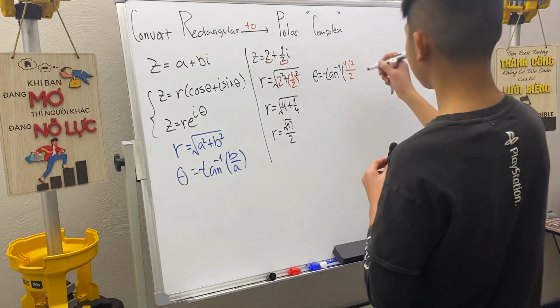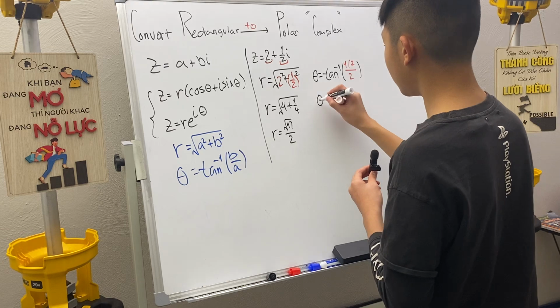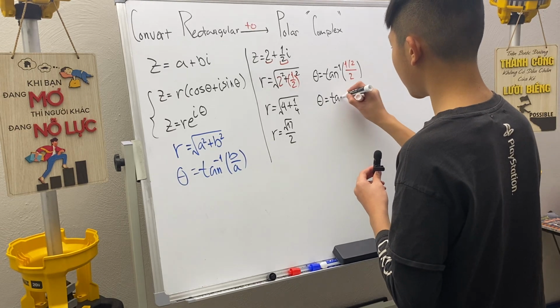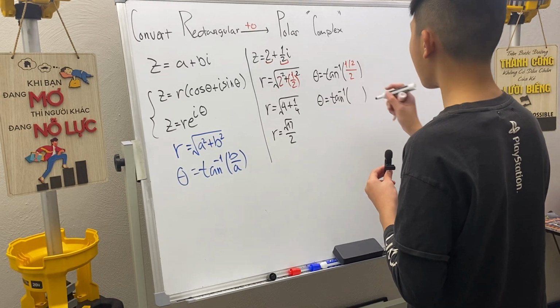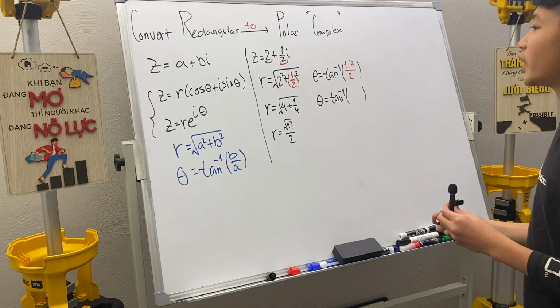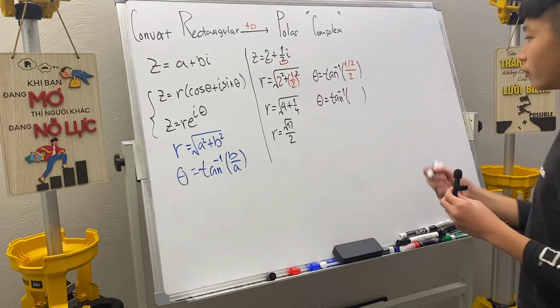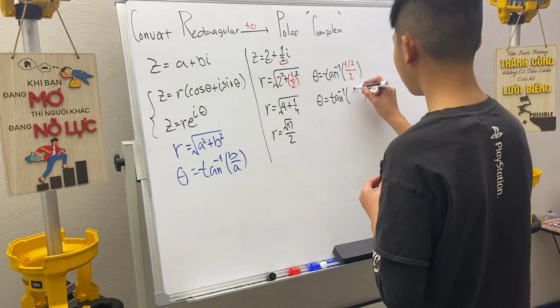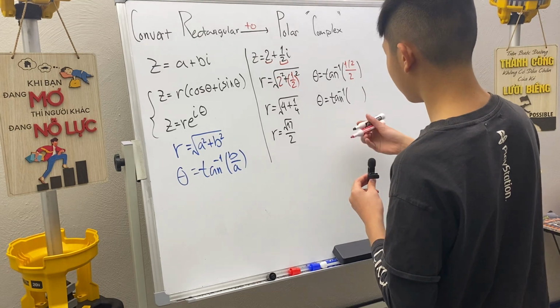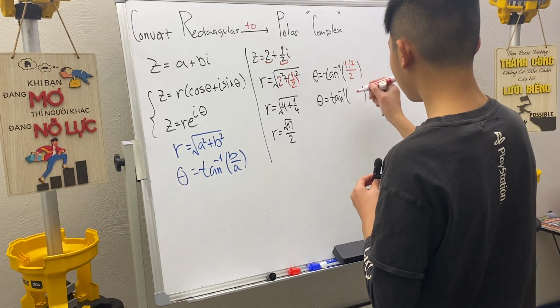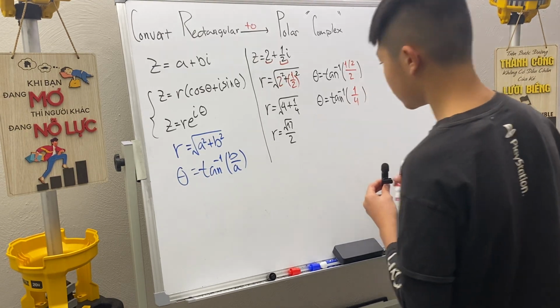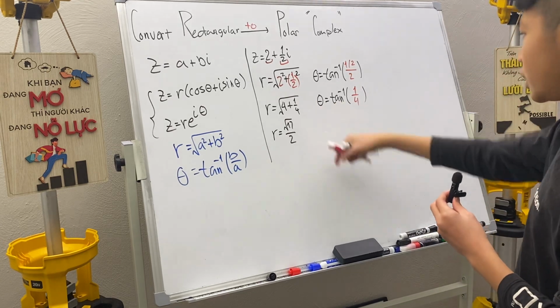So the angle is the inverse tangent of 1 half divided by 2, which means 1 half times 1 half, which is 1 over 4. So this is the radius and the angle.